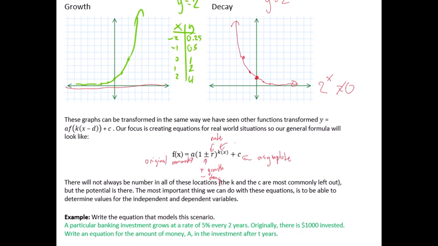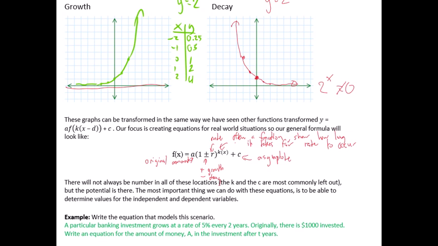So k is often a fraction, and essentially it will show how long it takes for your rate, growth or decay, to occur.